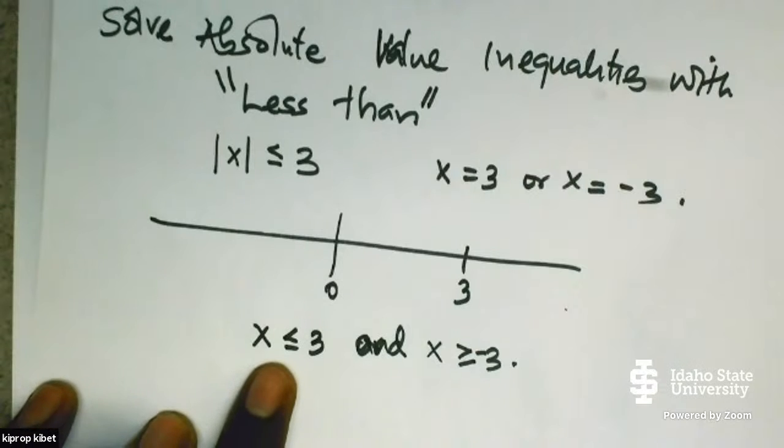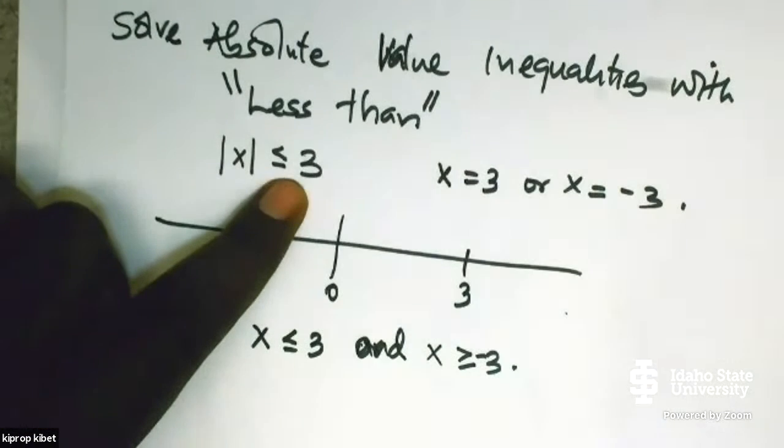So we can have x less than 3, which is still this.